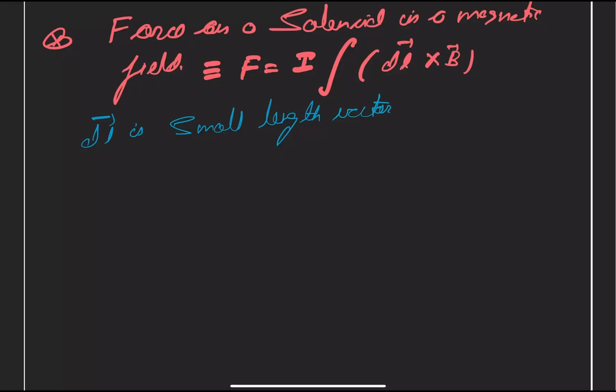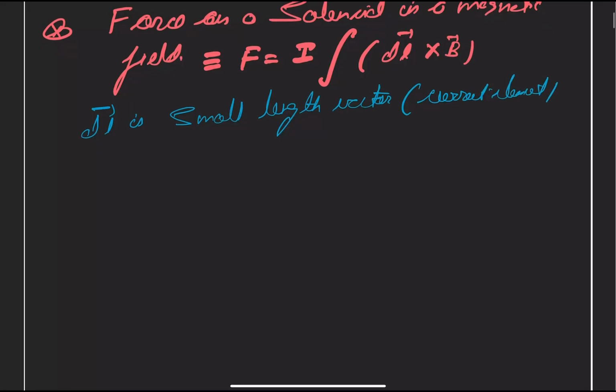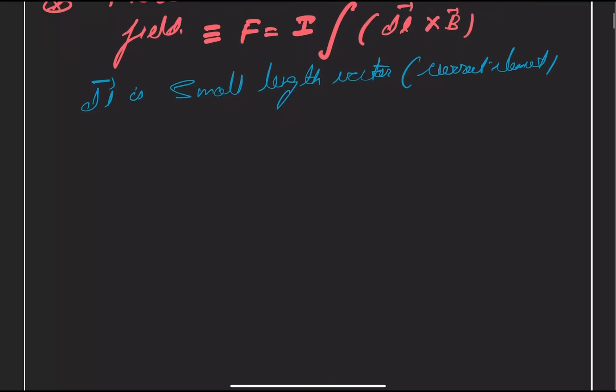Sometimes this length vector is also called a current element, in the direction of current.